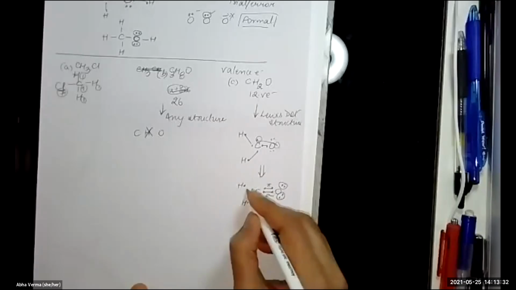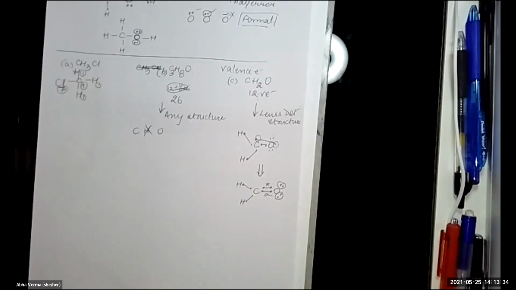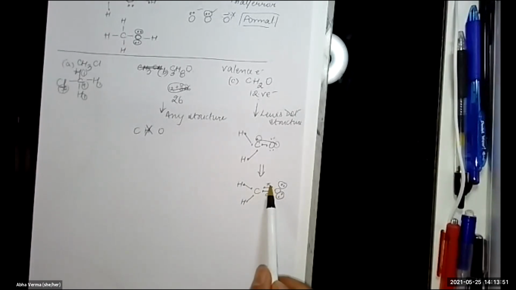And so the other two hydrogens, I'm going to make them like this. Any questions on this? So I have introduced my multiple bonds right here. First bond between two atoms will be the sigma bond. The second bond that forms between two atoms is the pi bond.